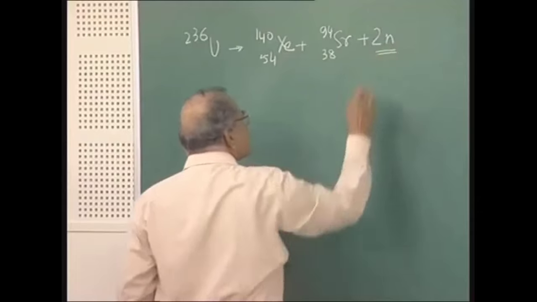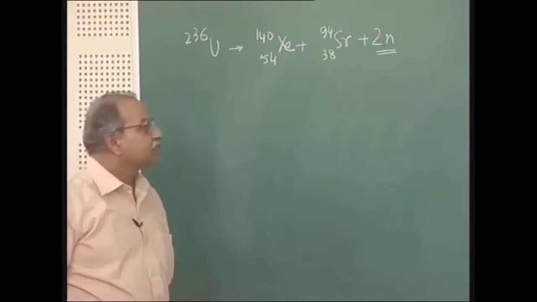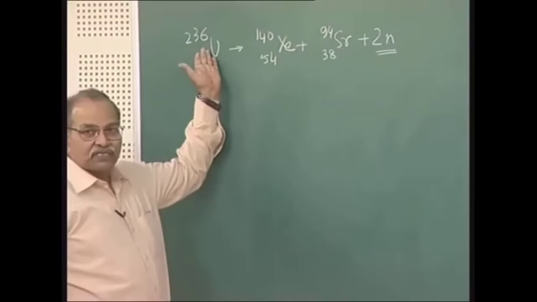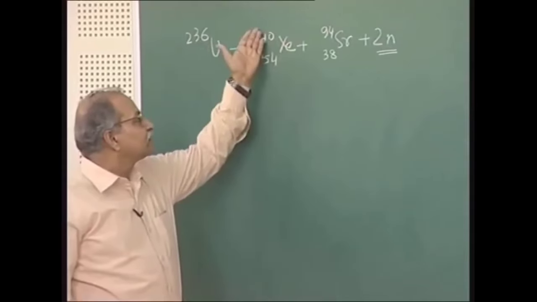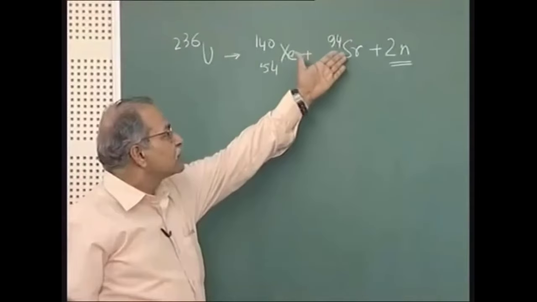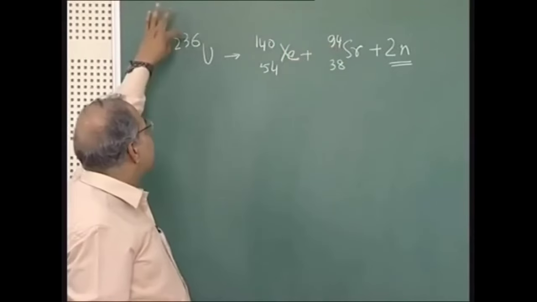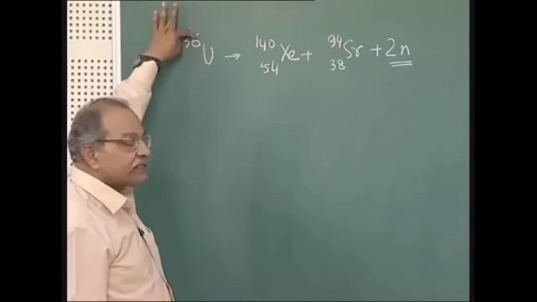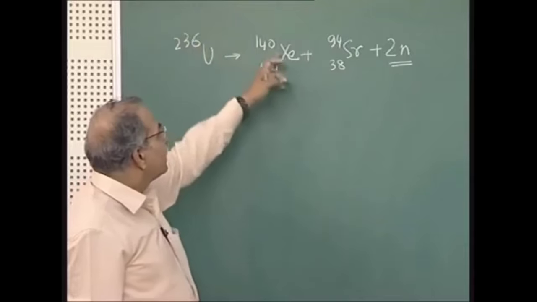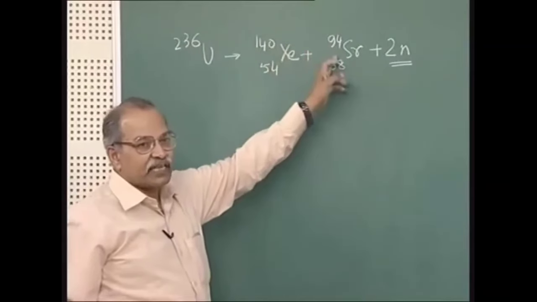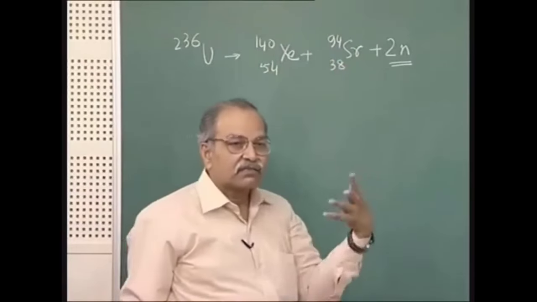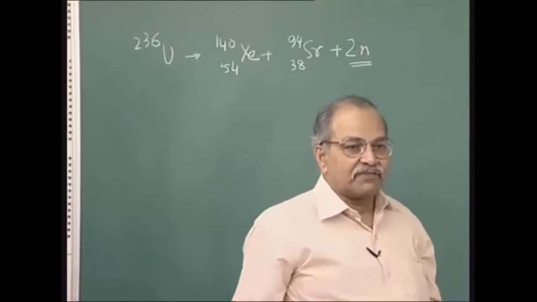So, what is this plus 2 neutrons? Why are they here? This breaks into two parts. One part is this xenon 140, the other part is strontium 94, but then of these 236 nucleons, only 234 are there in these two fission fragments, and 2 neutrons are emitted together with the fission.